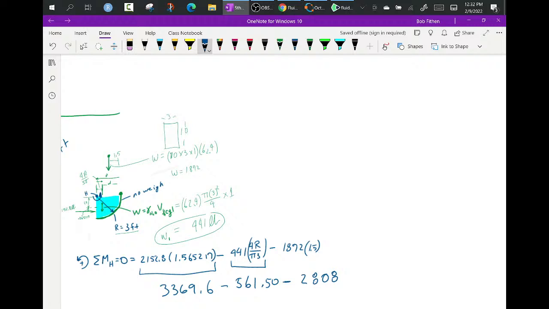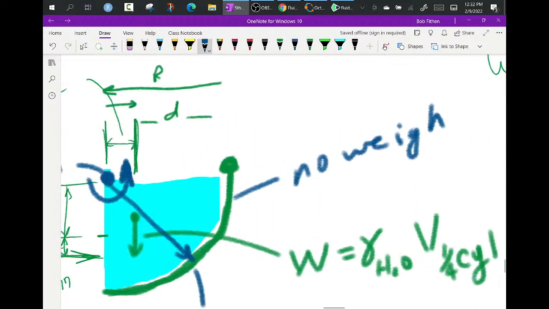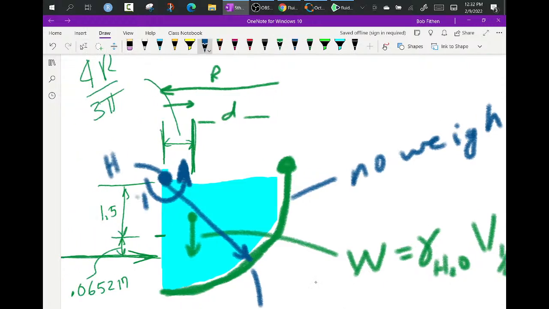Now, I need to also put in the torque that I might be required to apply, the torque.